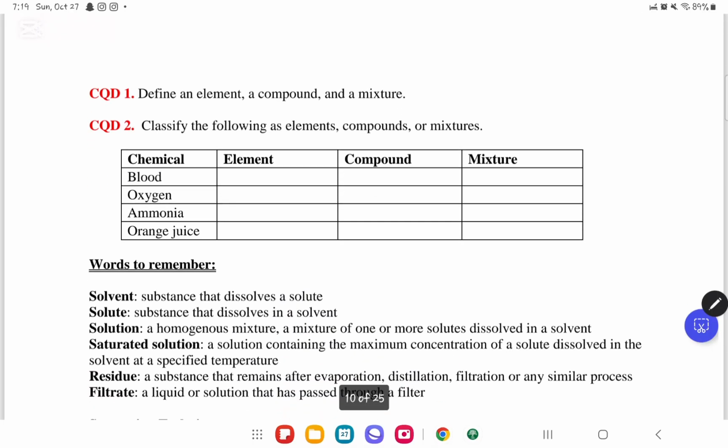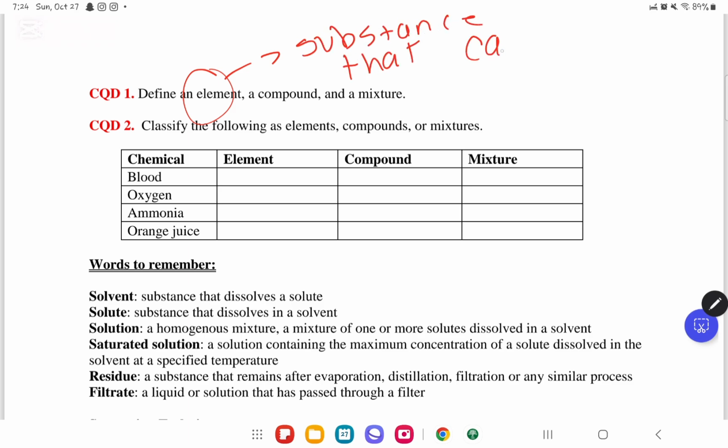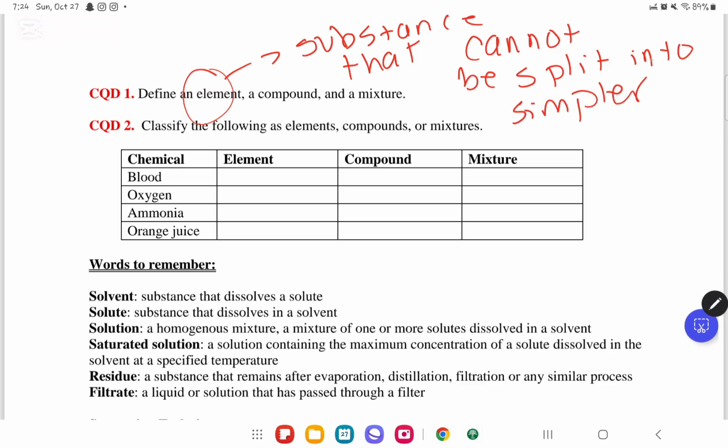Now we came to CQDs. So CQD number 1, define an element, a compound, and a mixture. An element is a substance that cannot be split into simpler substances by chemical methods.